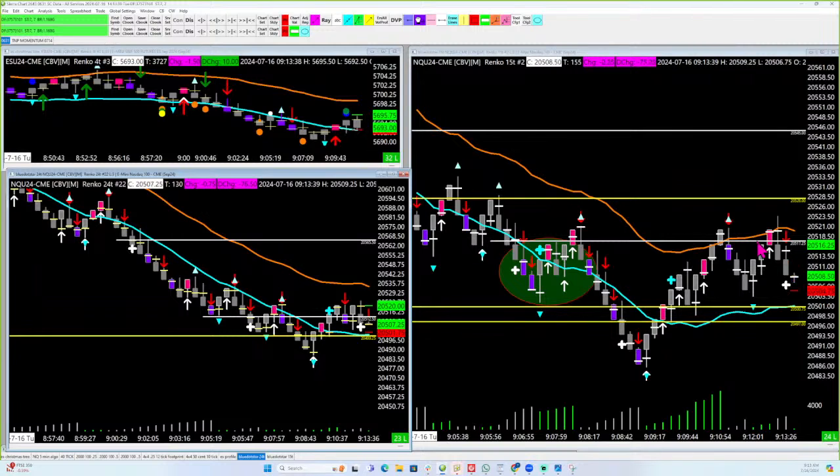Plus sign down if you get a second bar. That would be a verification of the move to the short side, so we'll see.